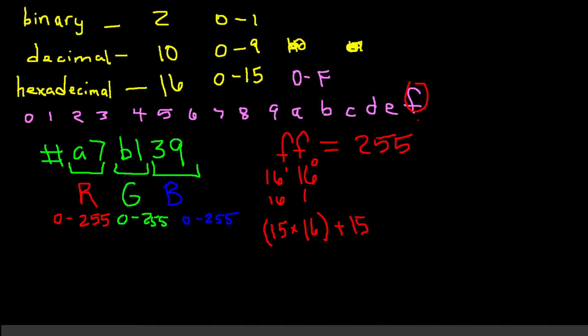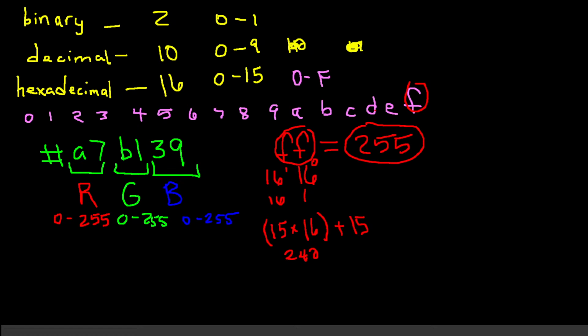So 15 times 16 is 240, plus 15 is 255. That's how we get from FF to 255. And so you can see that we can represent bigger numbers in smaller spaces.